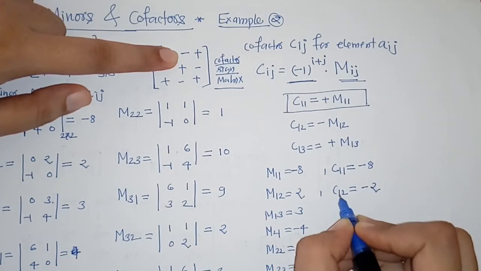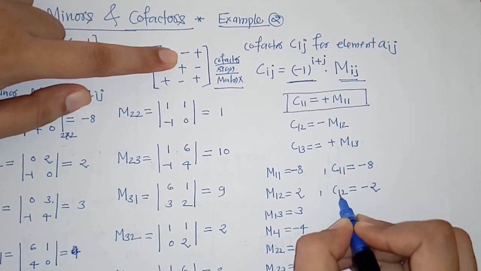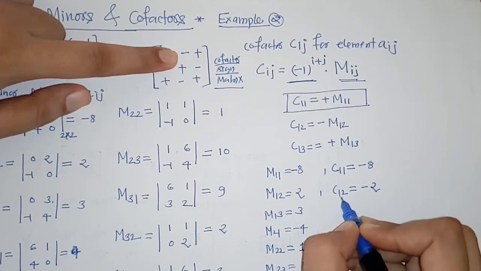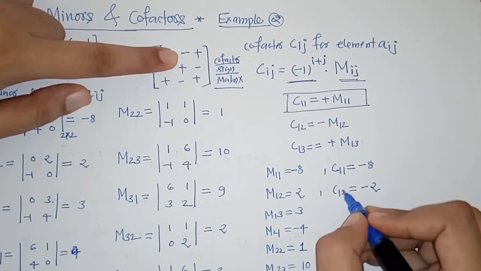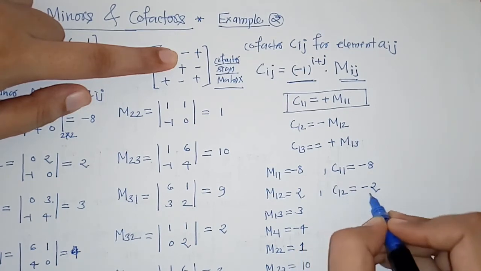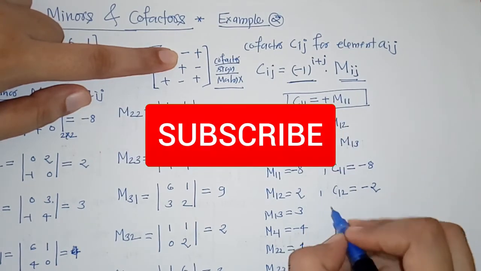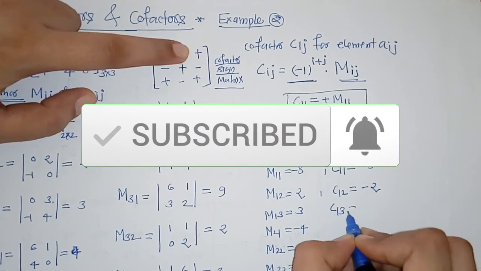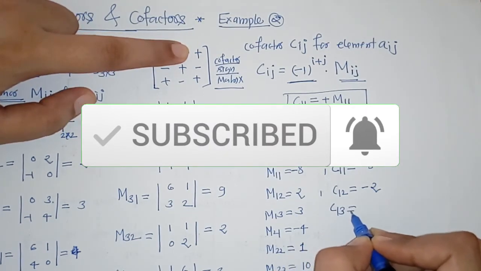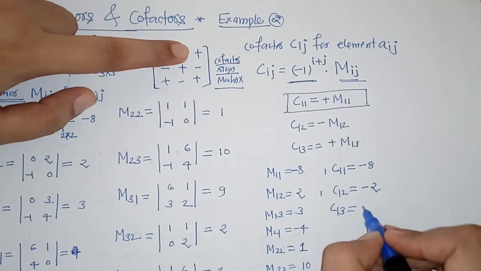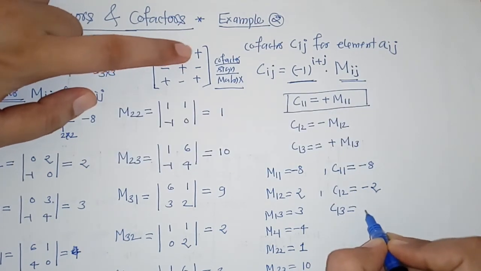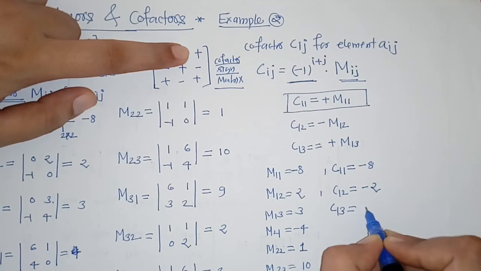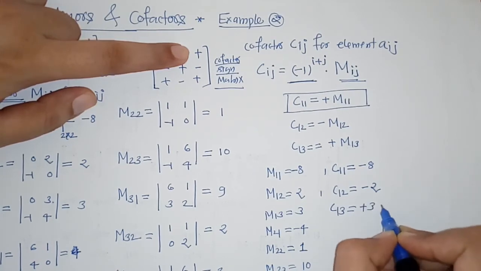You can also check: this is 1 plus 2, 3, and minus 1 raised to 3 is negative. So this is negative of this minor. Now C13: 1 plus 3 is 4, minus 1 raised to 4 is positive, so we get the plus sign, and we write it as it is.